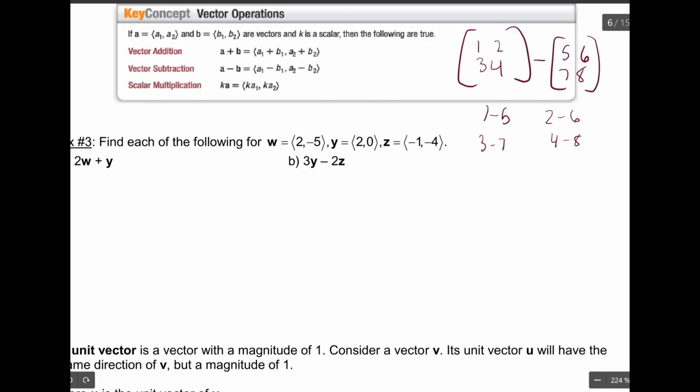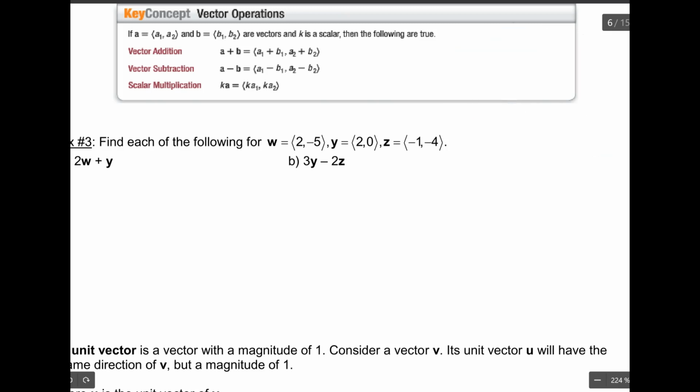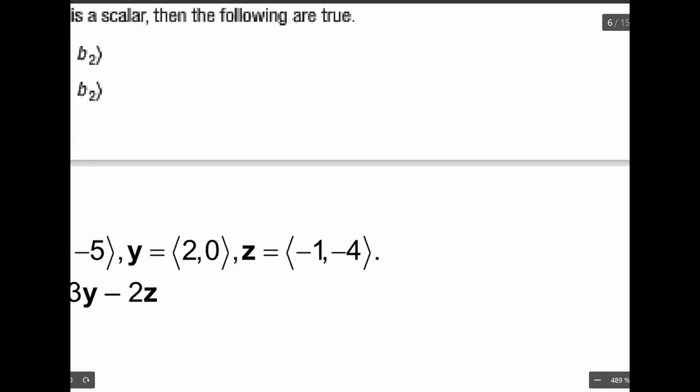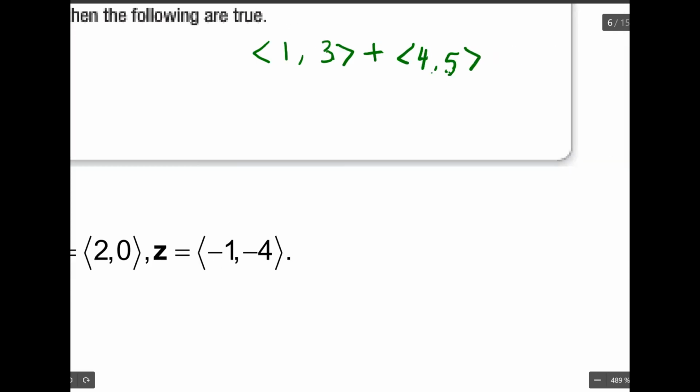Okay. If I go through and do this with vectors instead, it's going to be super similar. So if I do, let's see, 1, 3. If I add these together, I'm going to have 1 plus 4, 3 plus 5.